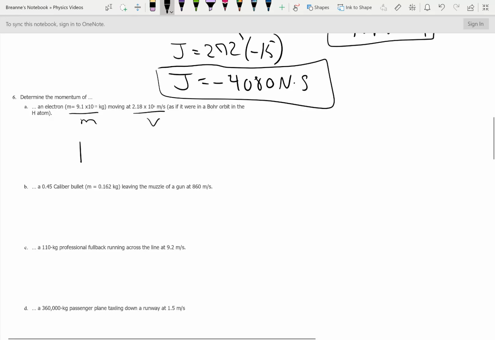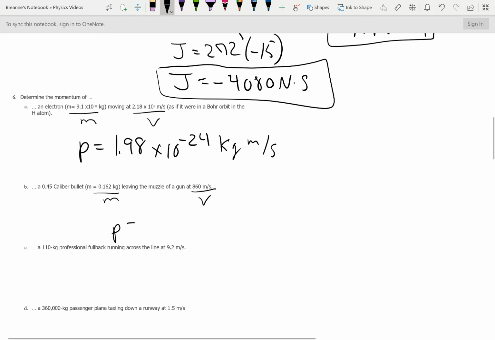And your momentum for that will end up being 1.98 times 10 to the negative 24th kilograms meters per second.